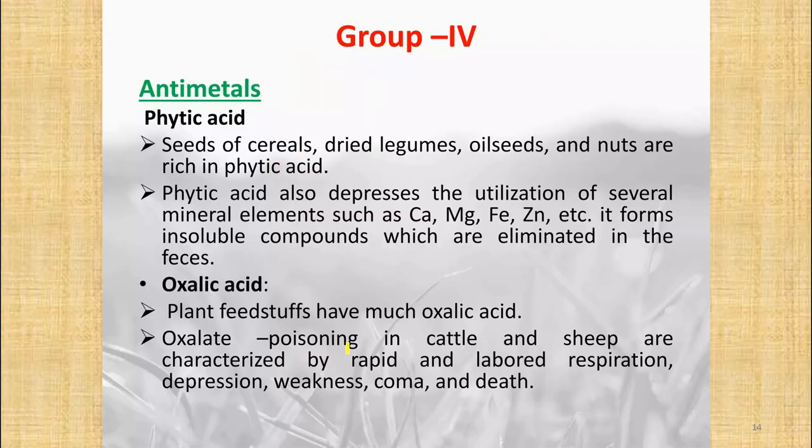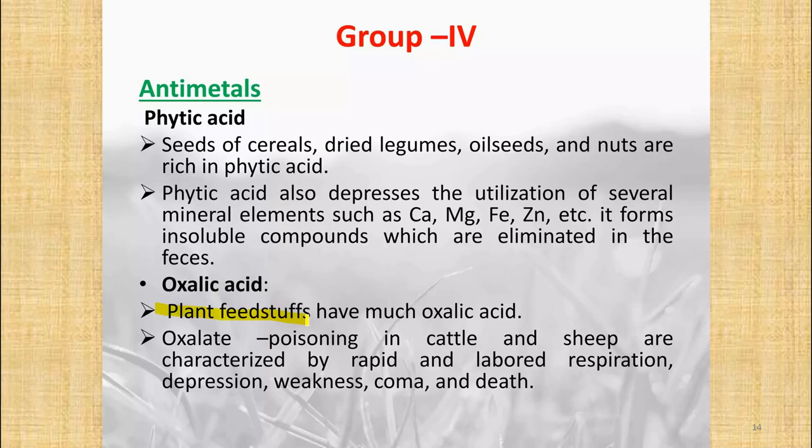Another thing is anti-metals. The classical examples are phytic acid and oxalic acid. In livestock, oxalic acid poisoning is very common when compared to phytic acid poisoning.